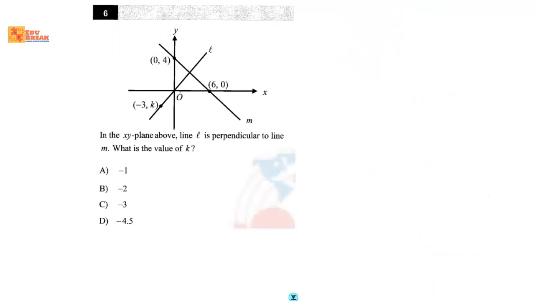Next question. Okay, in the xy plane above, line L is perpendicular to line M. What is the value of k? Okay, we can find the slope of this line, which is m1, y2 minus y1 over x2 minus x1. Okay, so we have x1, y1, and x2, y2.